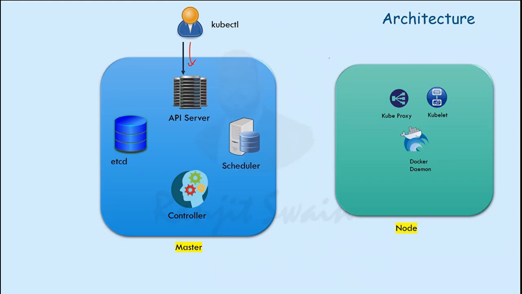And it checks the request, whatever command was executed by kubectl. The API server sends that to the etcd database. It scans the etcd database. So etcd is the database where all the information, the complete Kubernetes cluster information, will be stored.